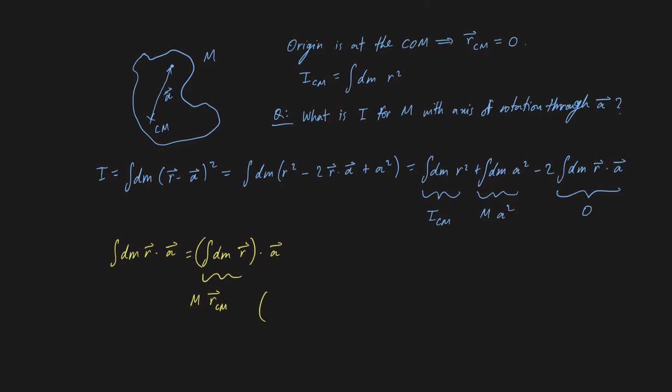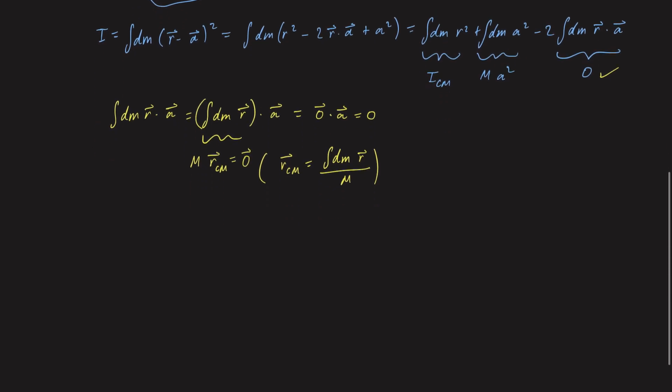That's because the center of mass is given by the integral of dm r divided by the total mass. It's a weighted average of each of the submasses in this continuous mass. So because r cm is 0, because the center of mass is the origin in this problem, this quantity is also 0. In particular, it's the 0 vector. So we get 0 dot a, and that's just 0. So this checks out.